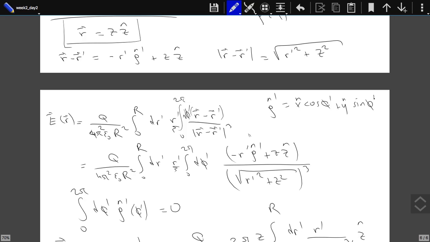So the integral of rho hat prime over phi from 0 to 2 pi is 0. The only thing that depends on phi is this term over here, and the integral of that term over phi is 0, so that's just 0. I'm left with this one only.